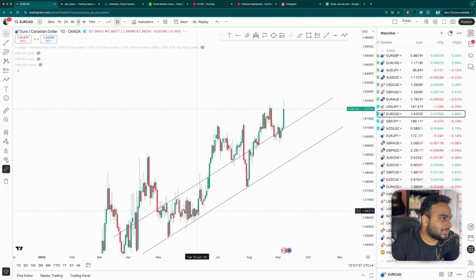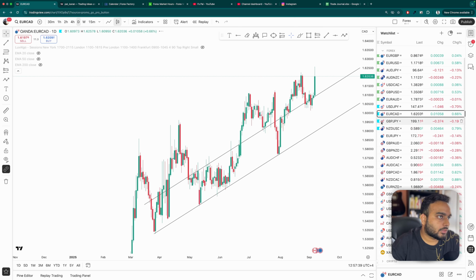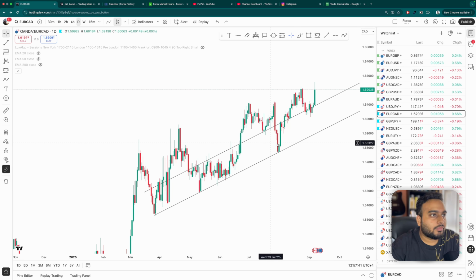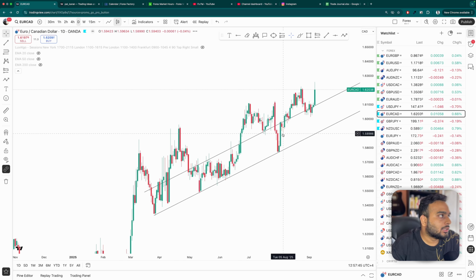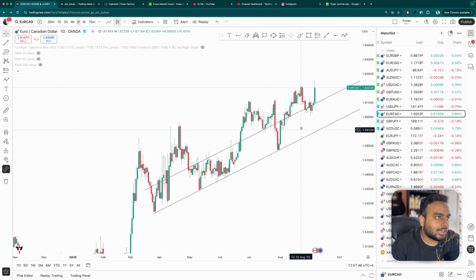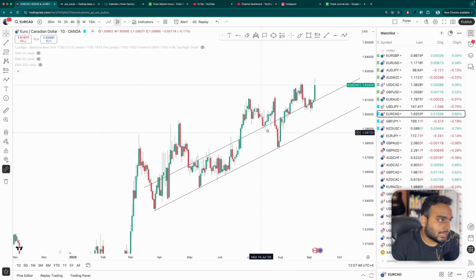So the price recently rejected the upper trend line. I have said this in my previous video that I believe trend lines are support lines as well. They act as support, they act as resistance as well. Okay.